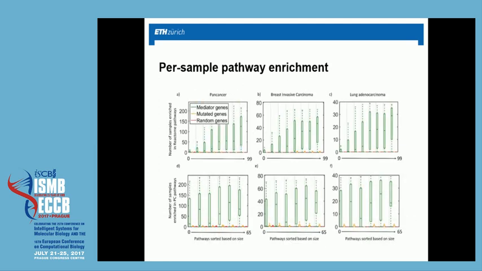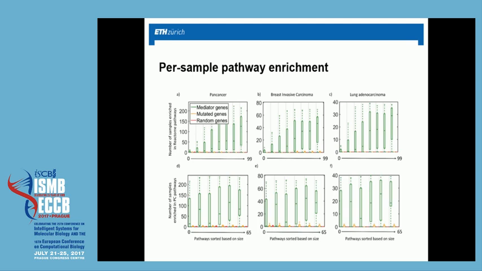What I'm showing you here is the number of patients in which we find enriched pathways of a certain size. The pathways are here ordered by size. And we're comparing this for the mediator genes, the genes that we identify with our method, compared to just the mutated genes, so if you only look at mutations, and also to random genes.